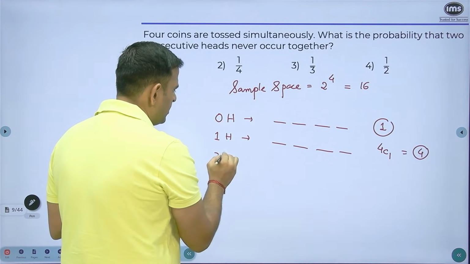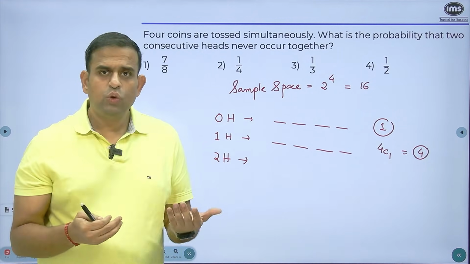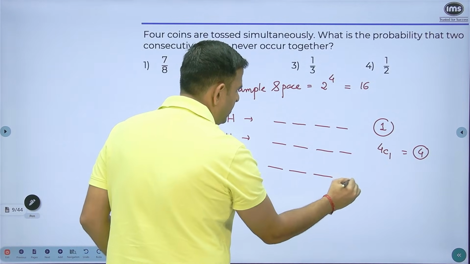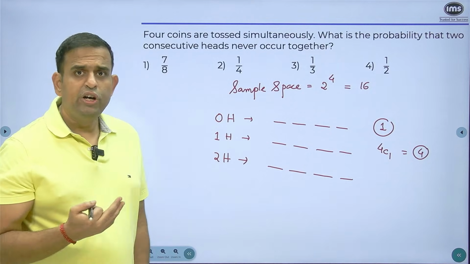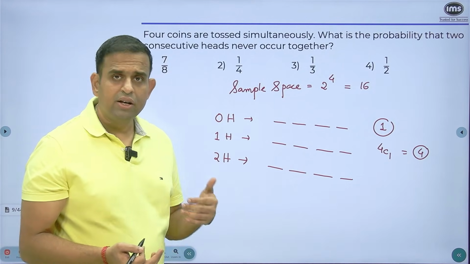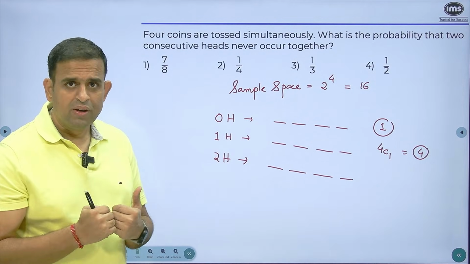Then the case of 2 heads. In case of 2 heads, I can go for a manual calculation. So if I look at the 4 places and there are only 2 heads, those 2 heads can be in the first and third. Understand, I don't want them to be together, so there should be a gap of minimum 1 between them.